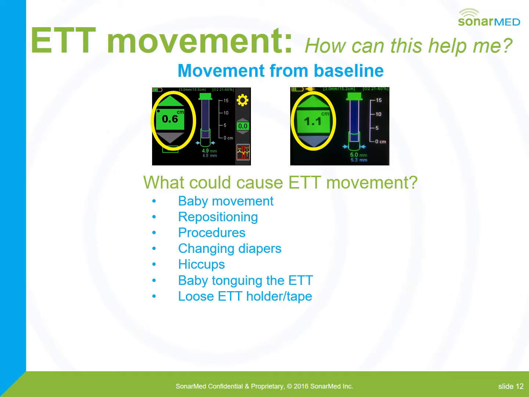Even changing the baby's diaper as you lift their legs up will often move the tip of the tube downward. If your baby has hiccups, you're probably going to see that on the monitor as movement of the tip of the tube. Your baby may be tonguing the endotracheal tube and you're going to see movement there. Or if your tube holder or your tape becomes loose, then that's movement at the lip and at the tip.